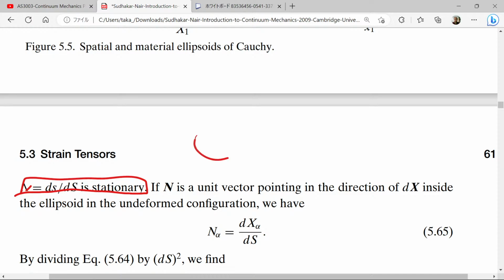Okay, you have some sphere, and you have an ellipsoid, right? So this direction is mapped to this part, so this is like a dX, and this is dx.